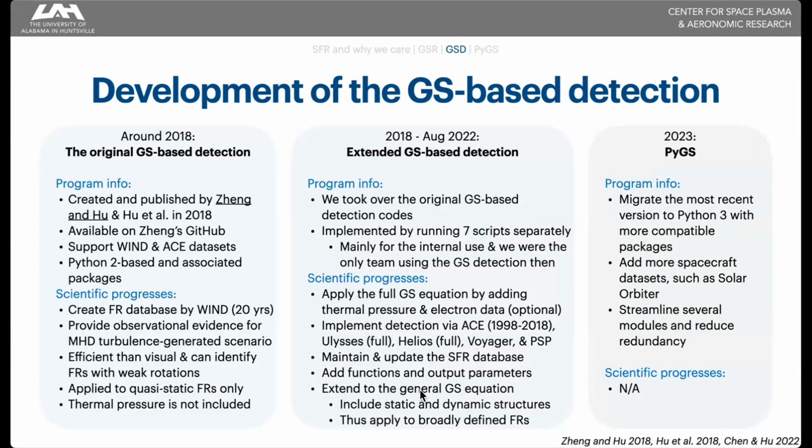It was recently extended to the general GS equation, and thus applied to broadly defined flux ropes. In our PyGS package, we migrated the most recent version to Python 3 with more compatible packages. We added one more spacecraft data set, Solar Orbiter, and we also made further improvements, including streamlining several modules and reducing redundancy.